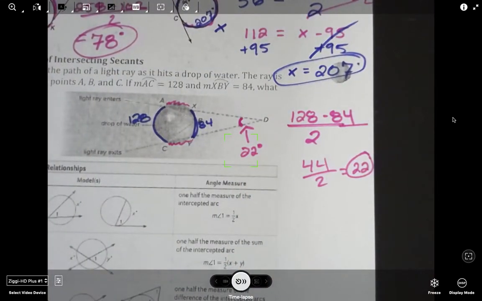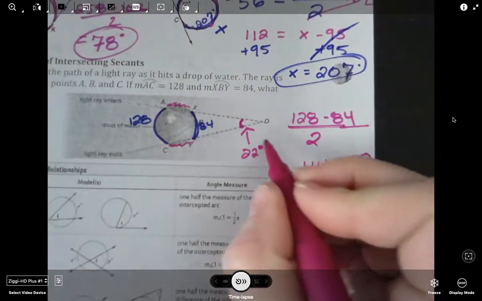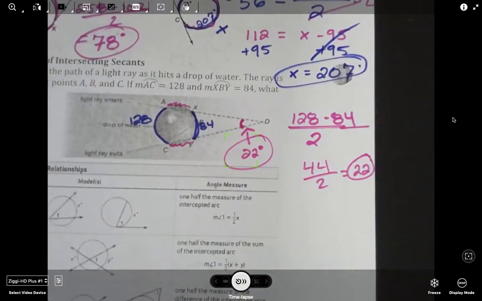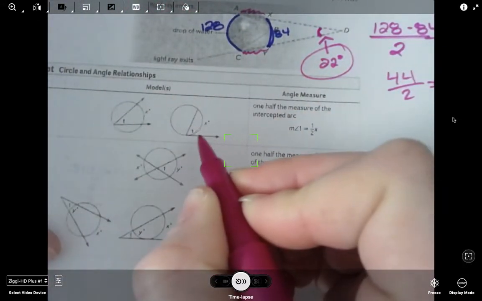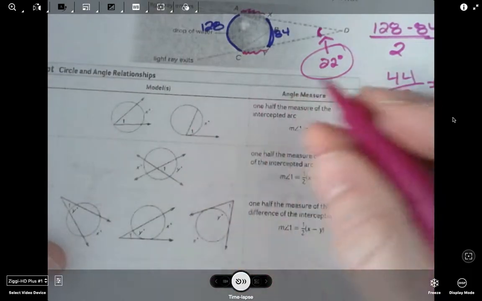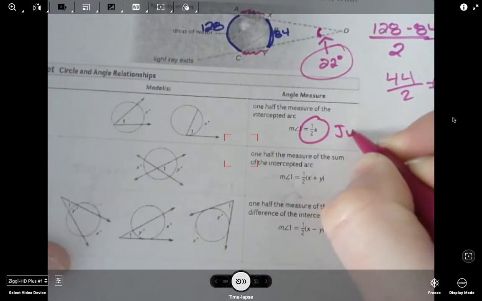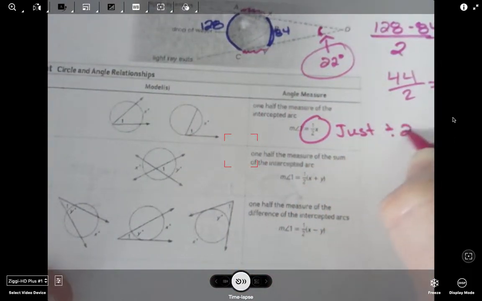Okay, good? So these are ways that lines are intersecting circles. Three concepts. If they are on the circle like this, where you have one tangent line and one secant line, you are just dividing by 2.